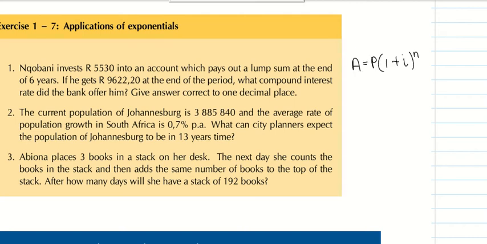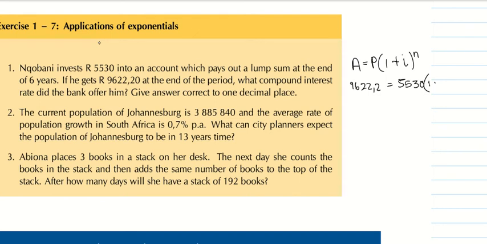So it's quite simple. We're working with money here, so we can stick to the compound interest formula, the exponential formula, and then all we have to do is substitute the values given to us. Our ending amount is 9,622.2, and what we started out with was 5,530, and our period is 6 years.